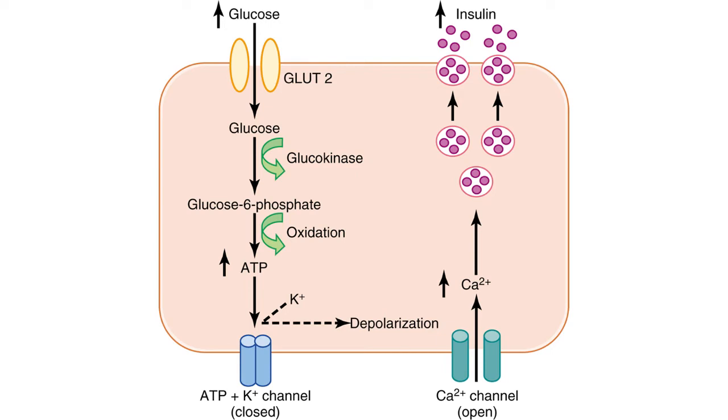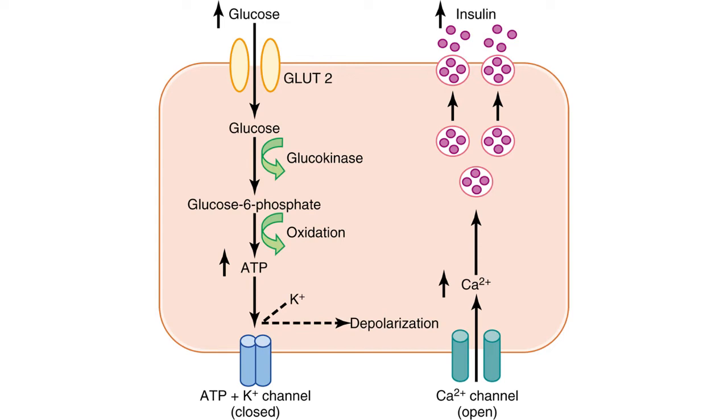Glucose 6-phosphate will then undergo glycolysis to produce pyruvate. It will then be converted to acetyl coenzyme A. Acetyl coenzyme A will then be catered by the Krebs cycle to produce reducing equivalents, and the reducing equivalents will then be taken up by the electron transport chain, processed through oxidative phosphorylation to produce high levels of adenosine triphosphate or high ATP.